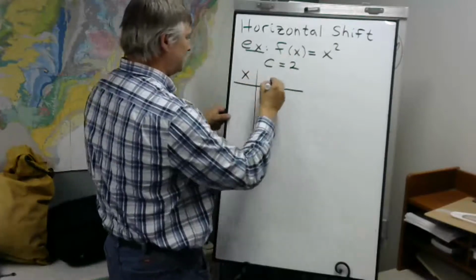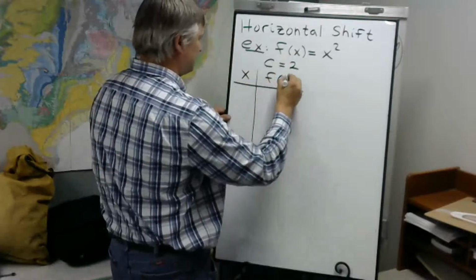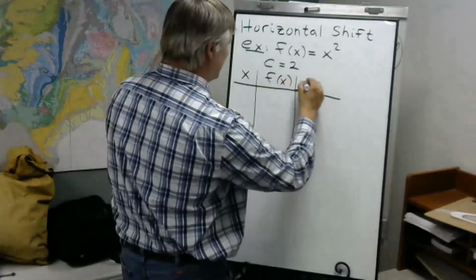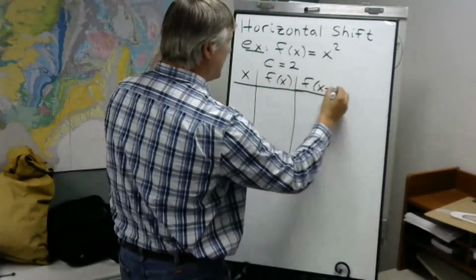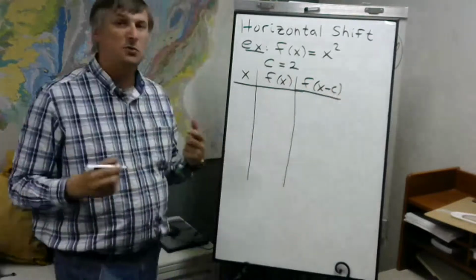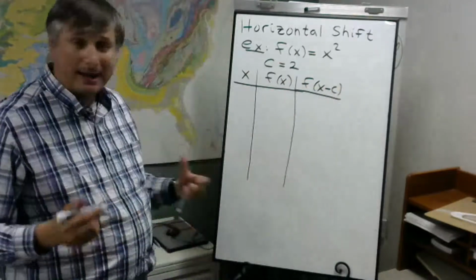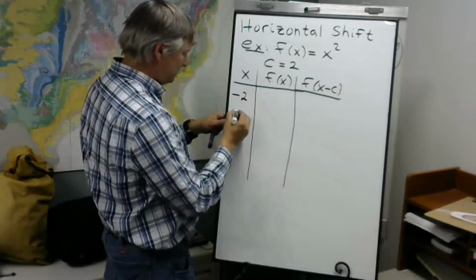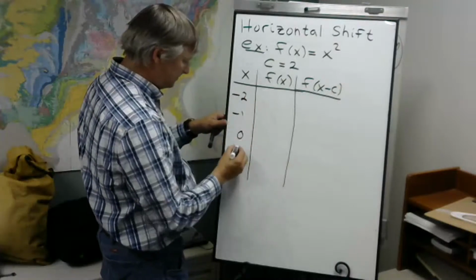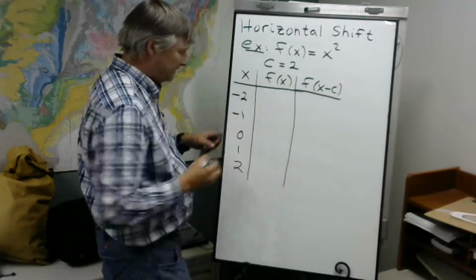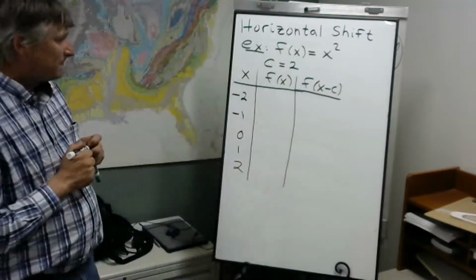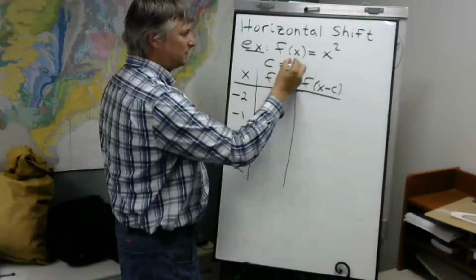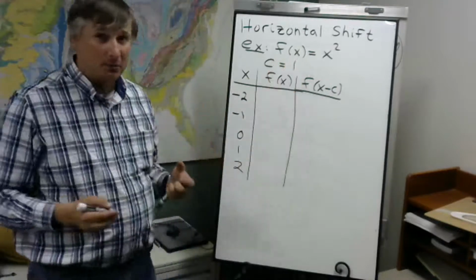So we have x, f of x, and f of x minus c. Let's shift this to the right. What happens? Well, again, let's go with -2, -1, 0, 1, 2. Well, in fact, let me make a change here. Let's let c be 1, just so the graph will fit on the board better.